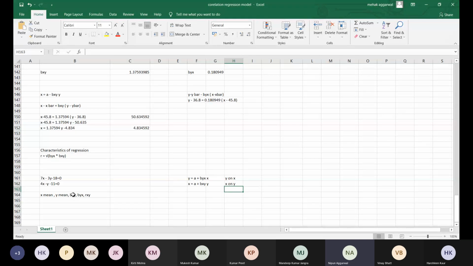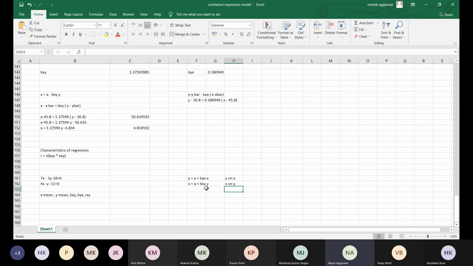And what is the r? In the last class, we discussed that r is equal to the square root of byx into bxy. So by comparing these lines with the general form of the equation, we can find byx and bxy, and then multiplying both and taking the square root gives the r.